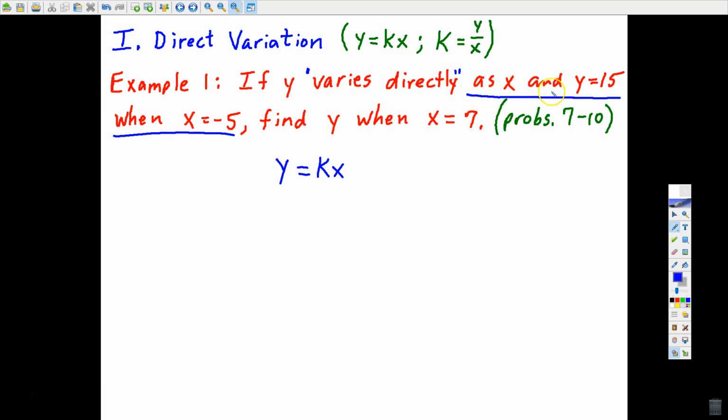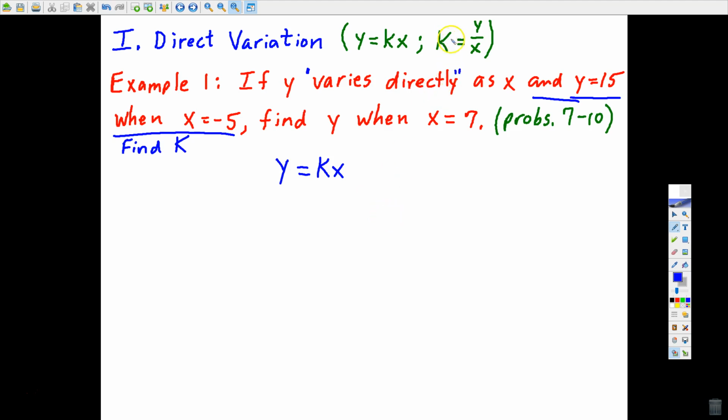Well, here's a clue. When they tell you what x and y are equal to, that is so that you can find k. Alright, so the purpose for giving you both variables in the problem. Okay, so y is 15 when x is negative 5. That is telling me use this to find out what k is.